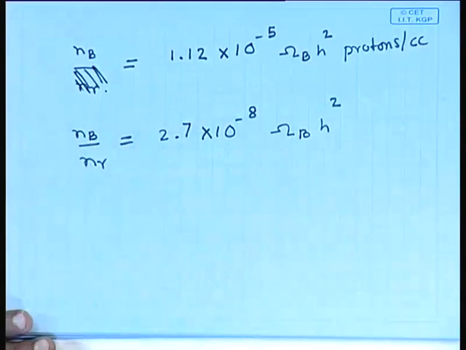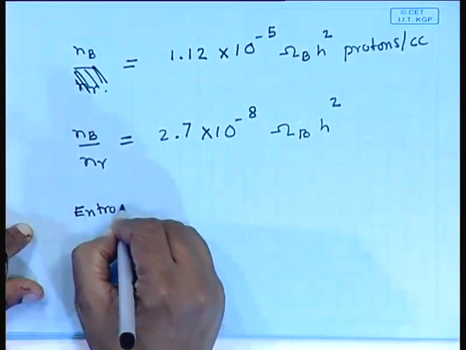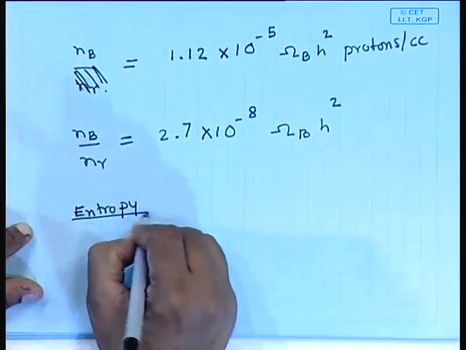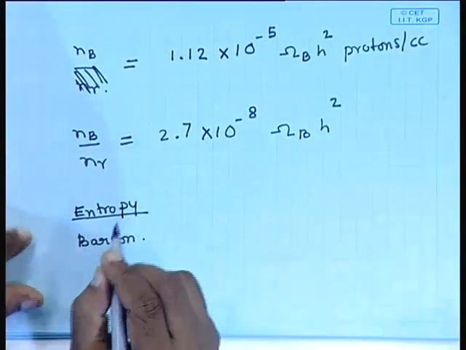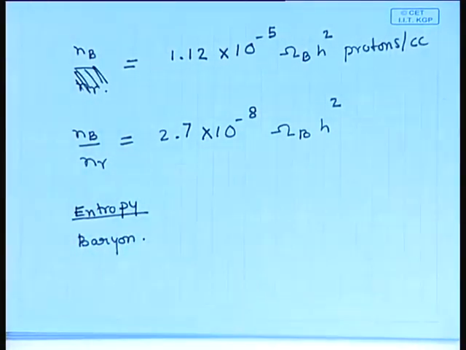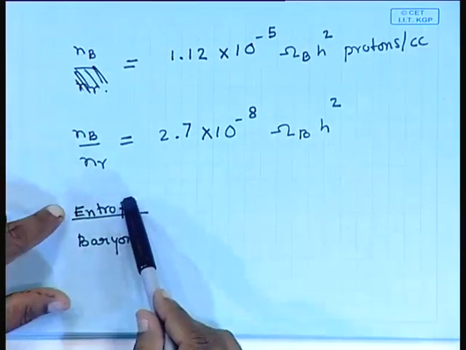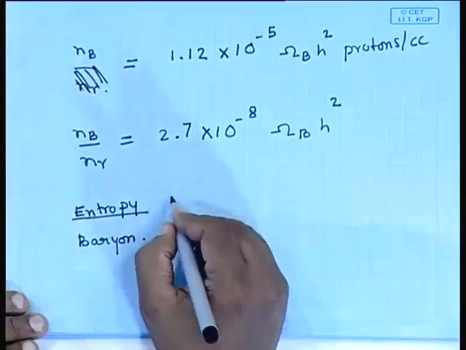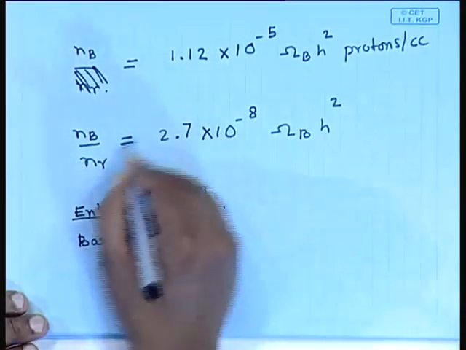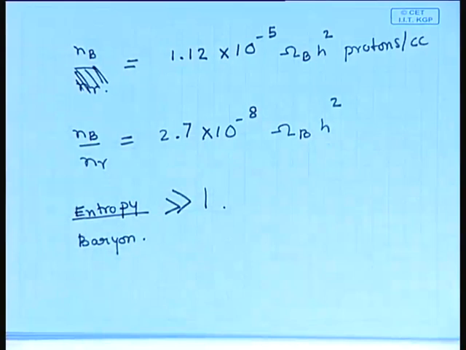The ratio of the entropy density to the number density of baryons is an extremely large number, as you can see from here, and this number is a constant.